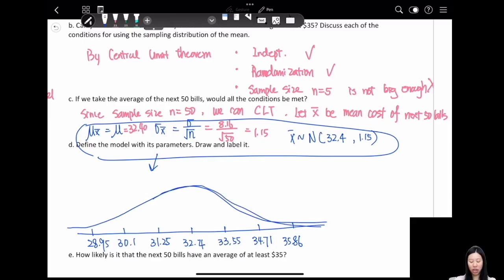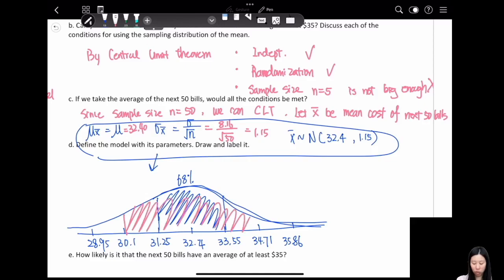Remember, within 1 standard deviation is 68% of the area, within 2 standard deviations is 95% of the area, and within 3 standard deviations is 99% of the area.